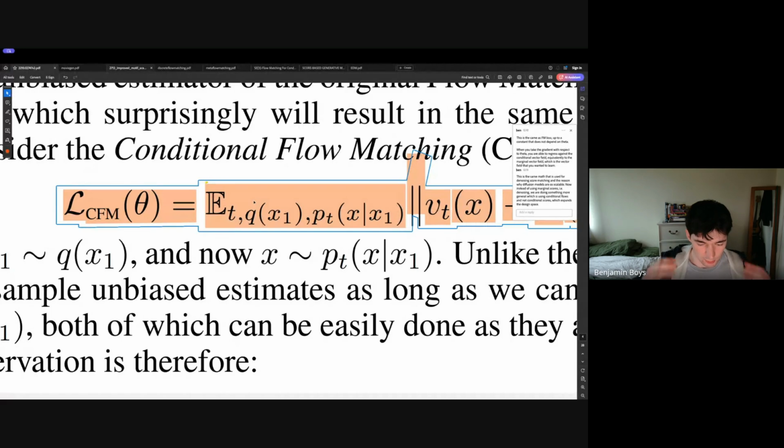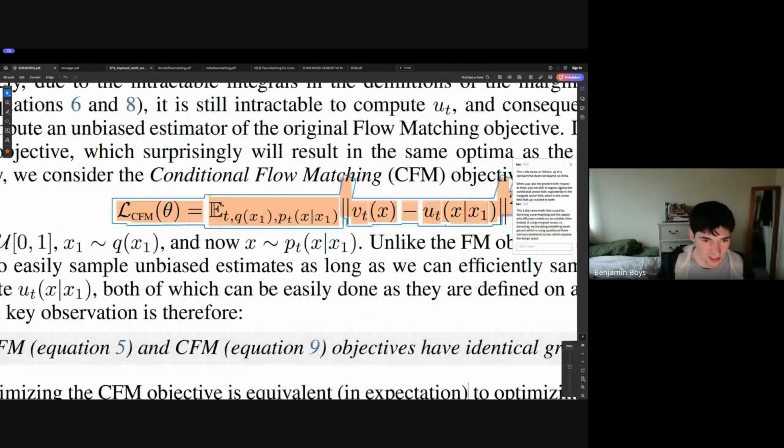But in practice, you're computing this expectation with a mini batch. So you'll take maybe 64 samples from the distribution, 64 images from Q, and evaluate an approximation to this expectation. What you don't want to do is evaluate it over the whole data set, because that means your training expense is proportional to the data set size.